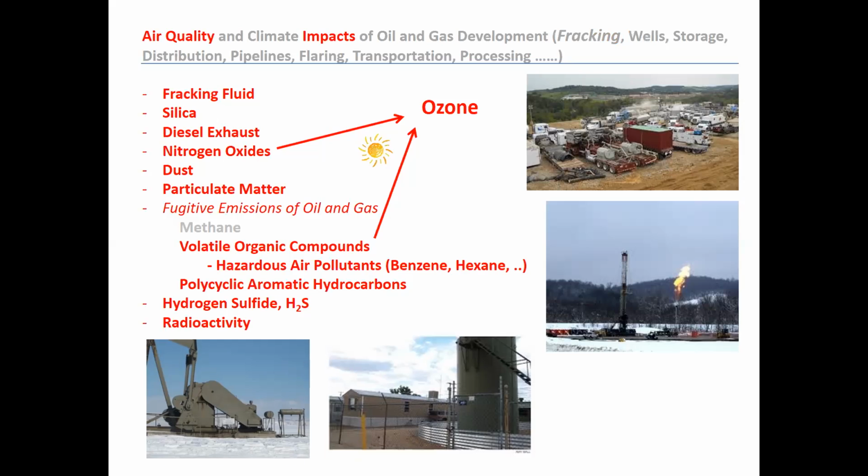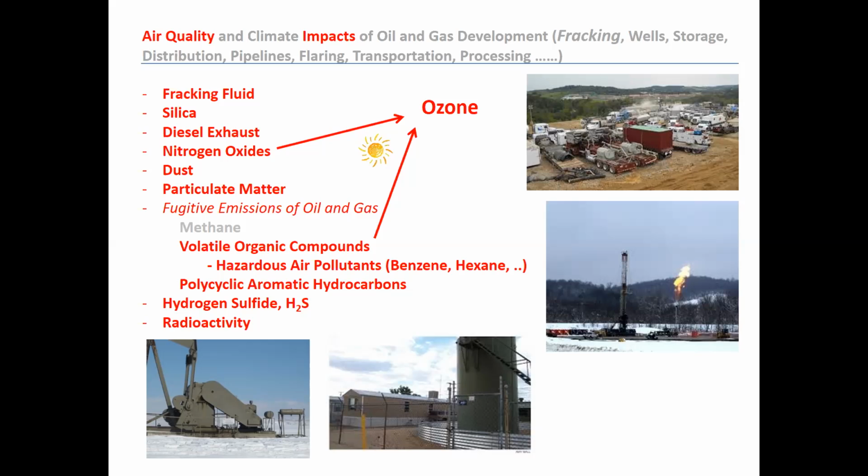So among all of these, when it comes to air quality, I've highlighted those in red here. There's the fracking agent, there's diesel exhaust, nitrogen oxides, dust, particulate matter. There's then the petroleum hydrocarbons that can end up in the air. There's hydrogen sulfide, there's radioactivity, that all contributes to air pollution problems, air quality.